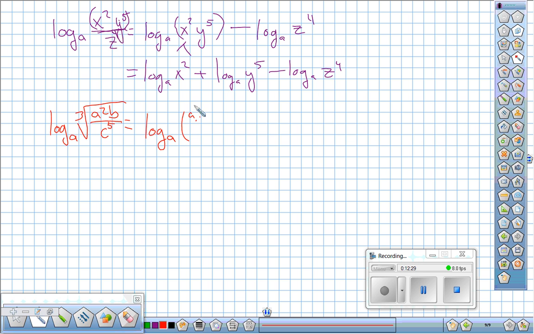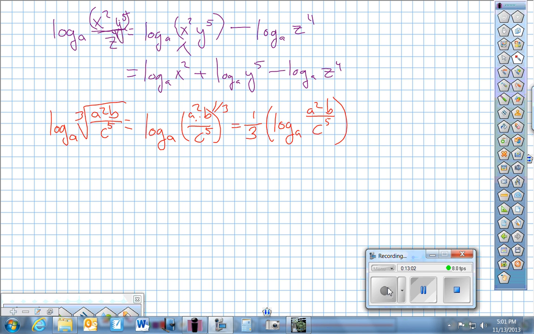The cubed root is really to the 1/3 power, so I'm going to bring that 1/3 out front. So then I have 1/3 times the log base a of a squared times b over c to the fifth, and I'm going to have a 1/3 out front of everything.